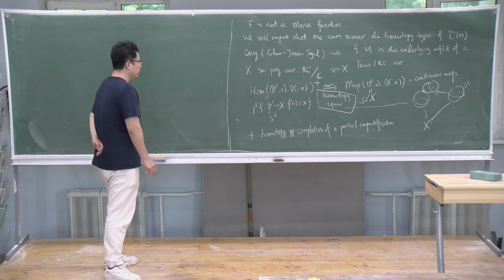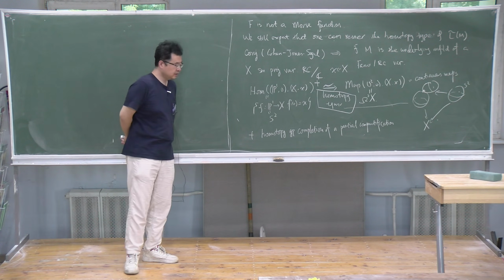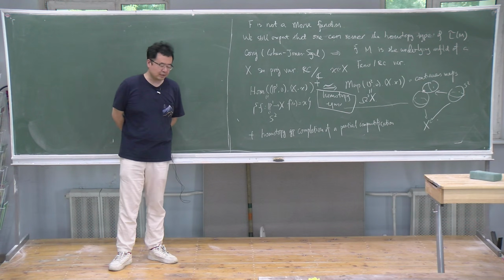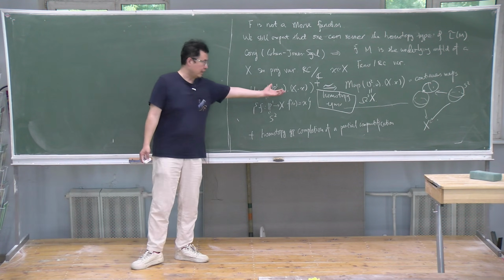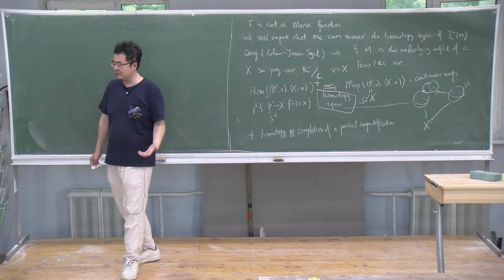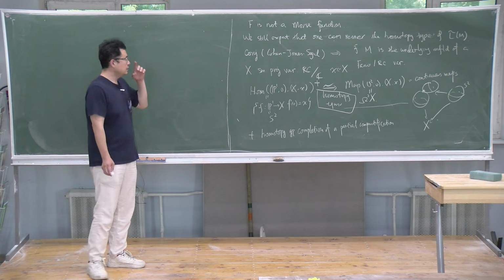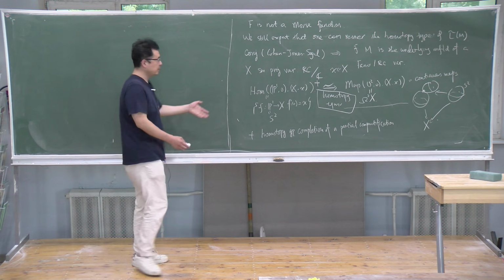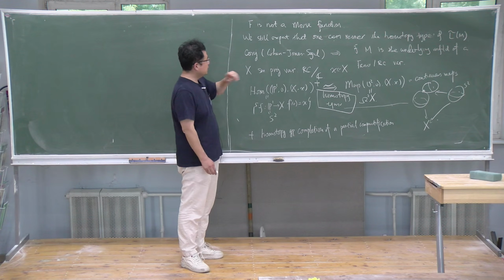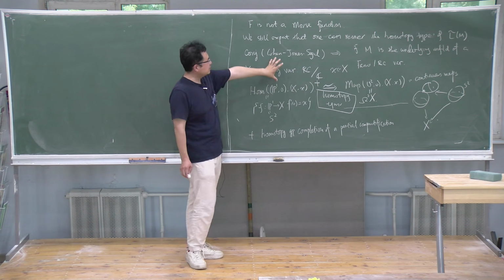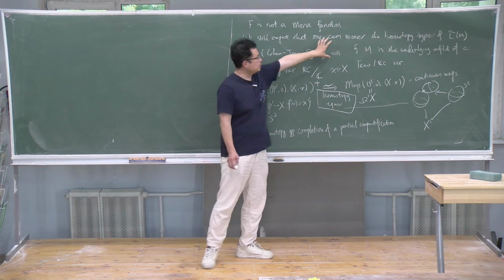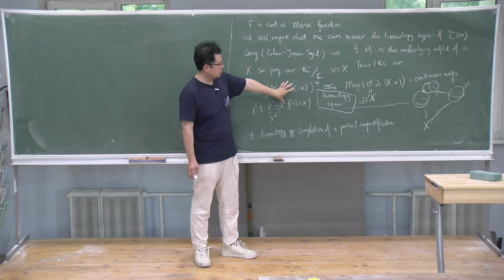But all these works really rely on the geometry of X. Maybe I should also say before that, this conjecture basically says that if you have this kind of thing, then you should have this.